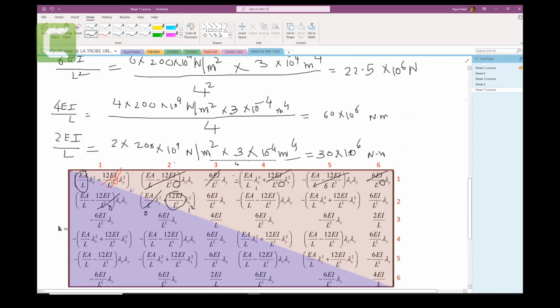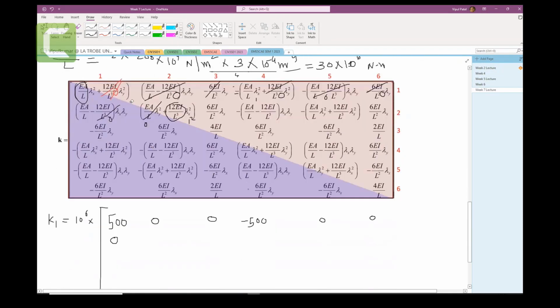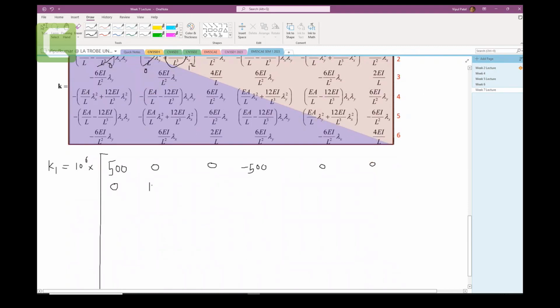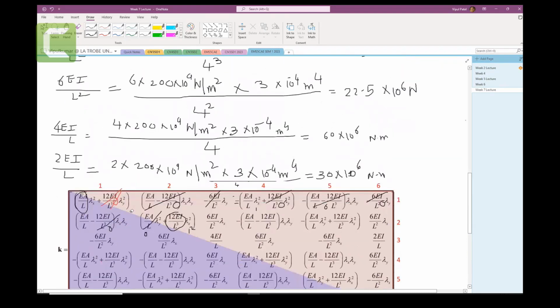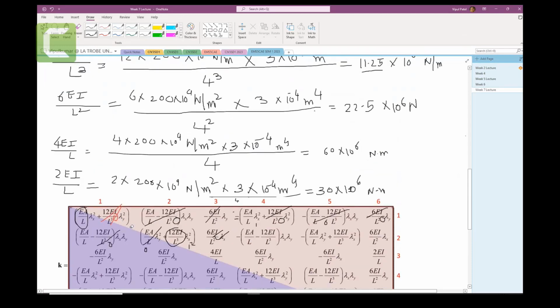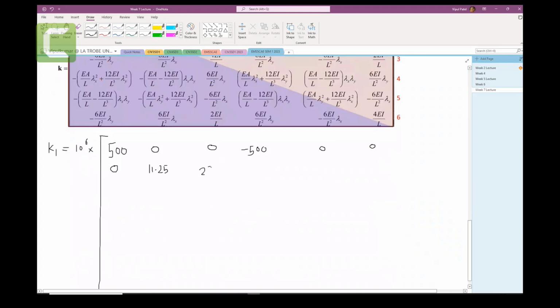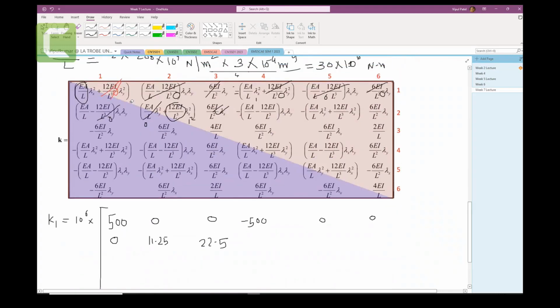So 12 EI on L cubed, we got 11.25, so 11.25 times 10 raised to 6, and I put the common 10 raised to power 6 outside. Lambda x, this one's 6 EI on L square, which is 22.5, so 22.5 times 10 raised to minus 6 outside.